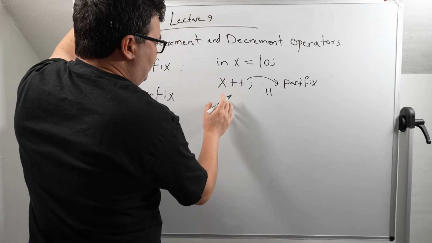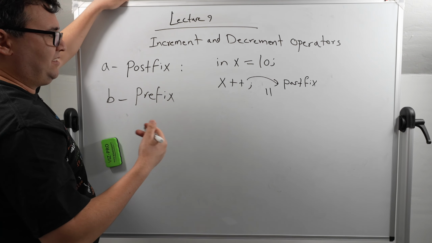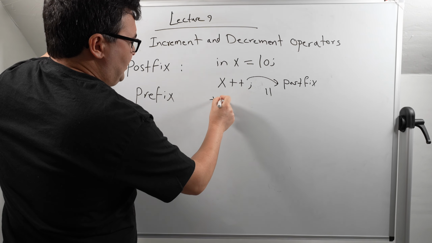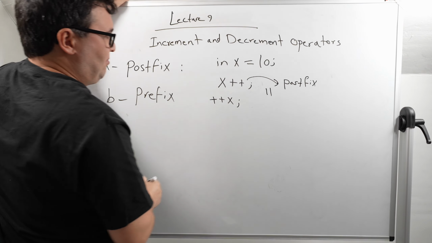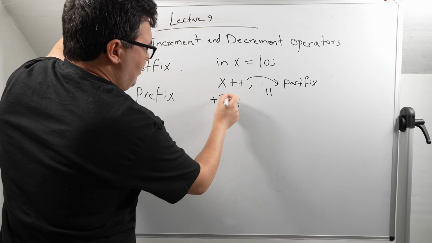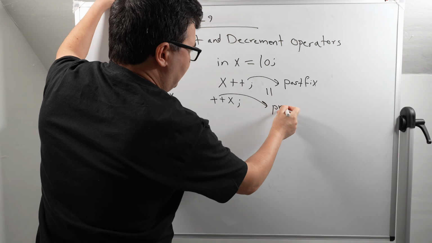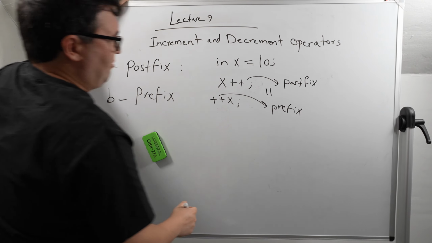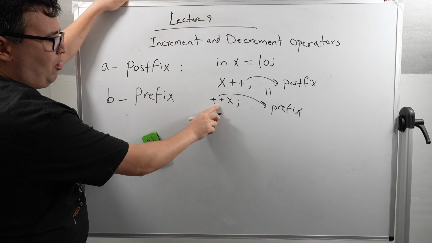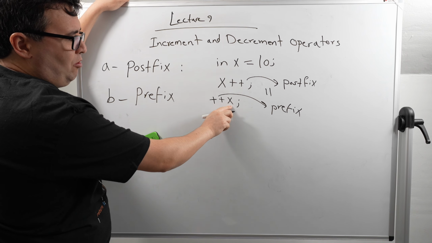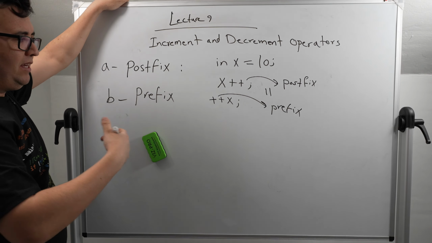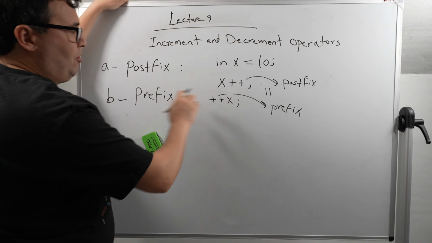But we can also use this variable x as a prefix. So we can say plus plus x. In this situation, it is prefix, because we have first the increment operator, then the operand or variable. It is used before the x or operand.